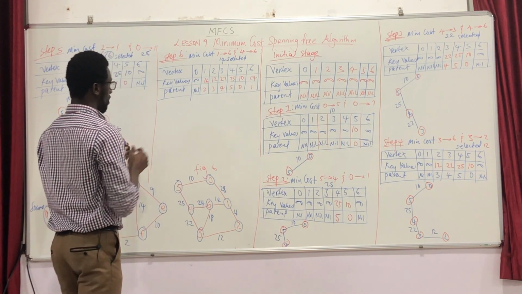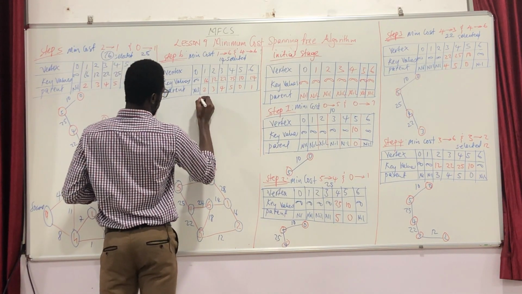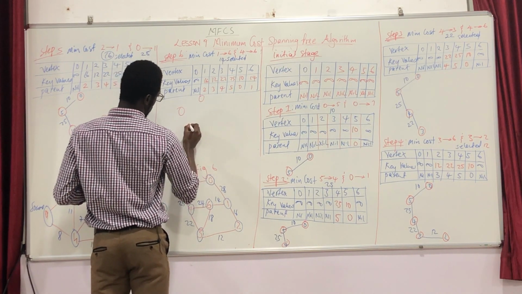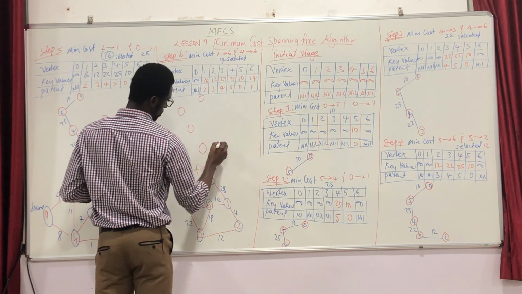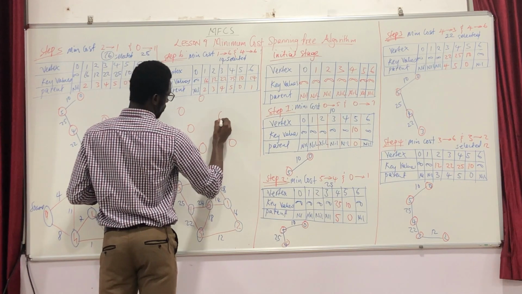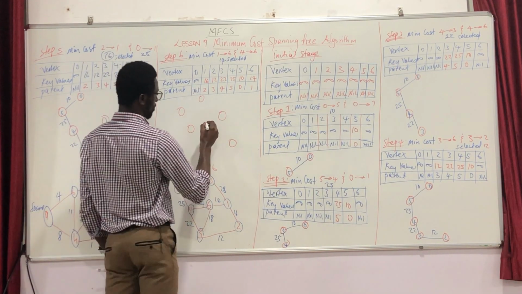Okay, now let's do our graph. From 0, we have 5, we have 4, then we have 3, we have 2, we have 1, and we have 6 here.